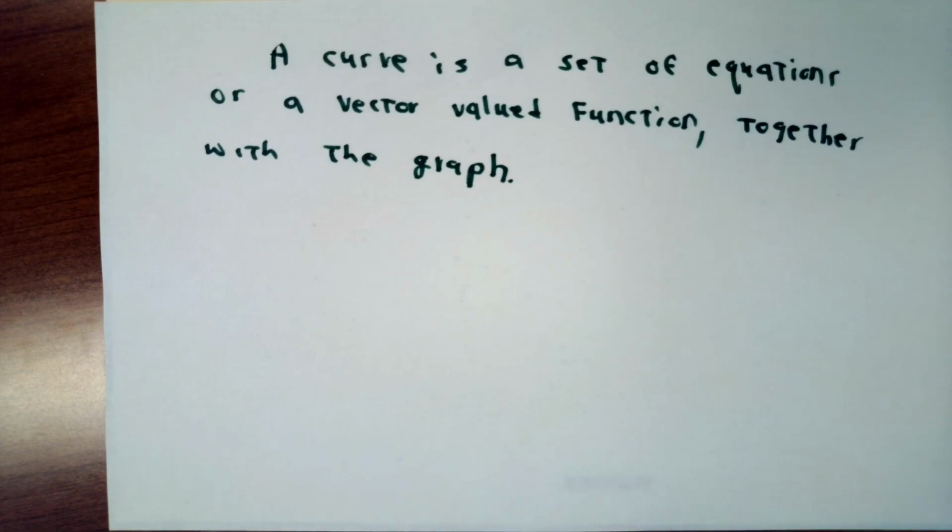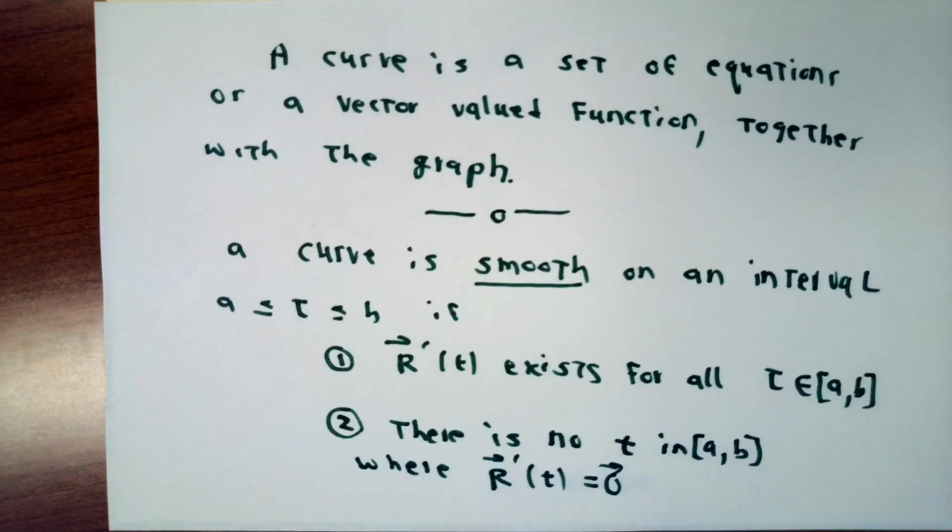If I have the same picture, but I got it using different equations, the graphs are the same, but technically the curves aren't. This seems like a really picky distinction, but we'll see in a little bit. In many formal statements of theorems, they start off with, let so-and-so be a smooth curve. So we need to be clear on what that means.